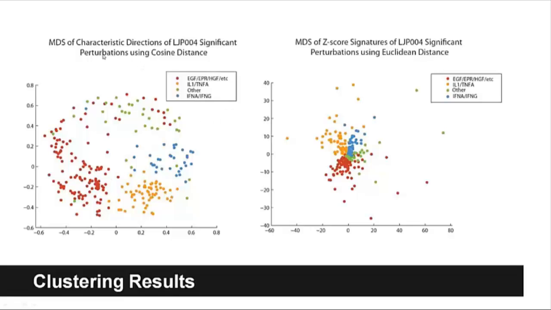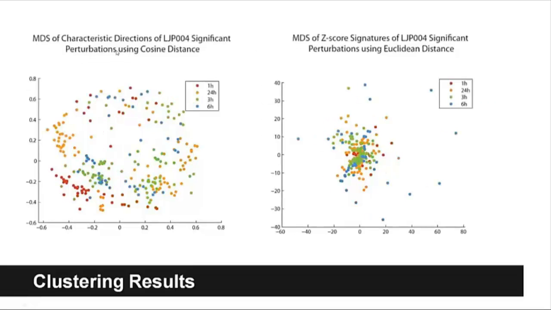So you can see that using the characteristic direction, ligands are separated by their class, but when you use the z-score signatures, you get a cluster like this, which pretty much overlaps. You cannot discern patterns. And actually, the characteristic direction can reveal more subtle differences.